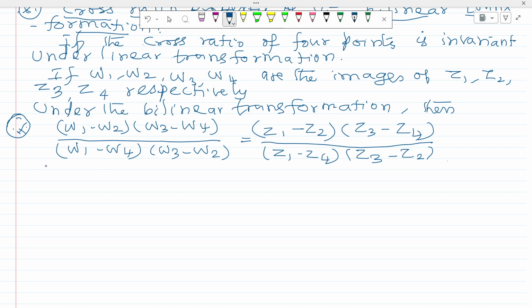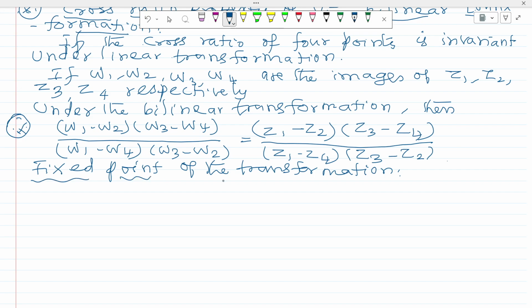Next heading, fixed point of the transformation. Write the definition.